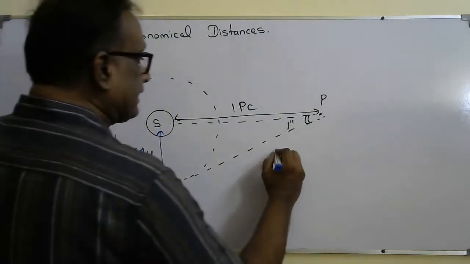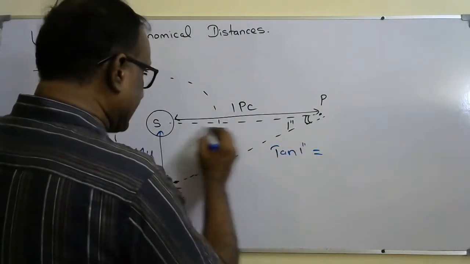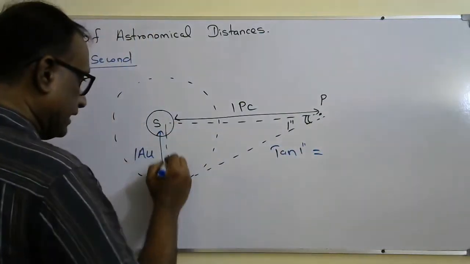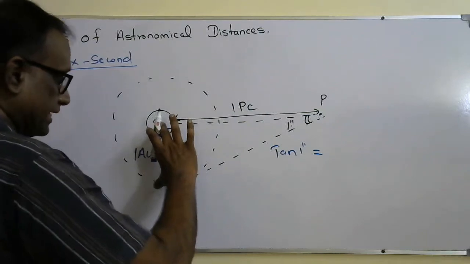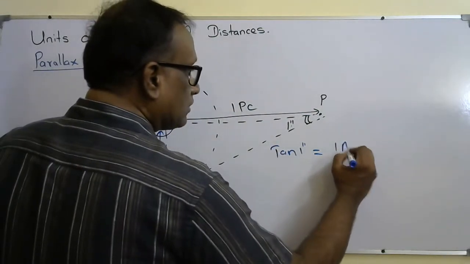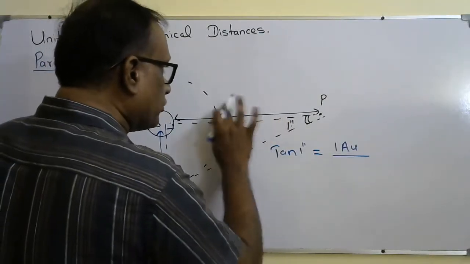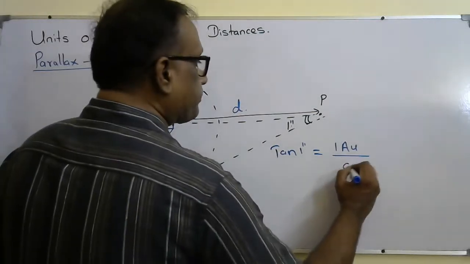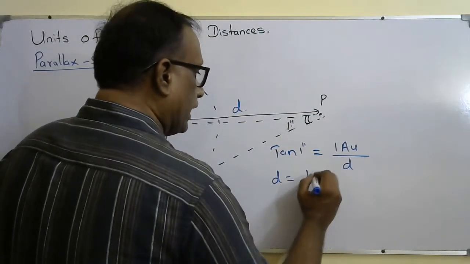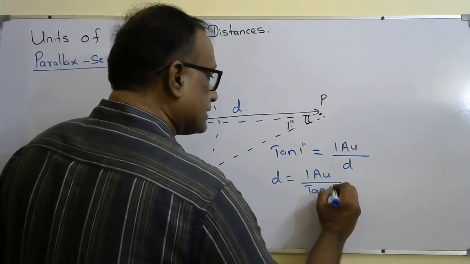So in this right angle triangle, tan 1 second is equal to the opposite side, that is 1 AU, over this distance. This distance is going to be 1 PC, I'll call it D. So tan 1 second equals 1 AU over D, so D is going to be 1 AU over tan 1 second.